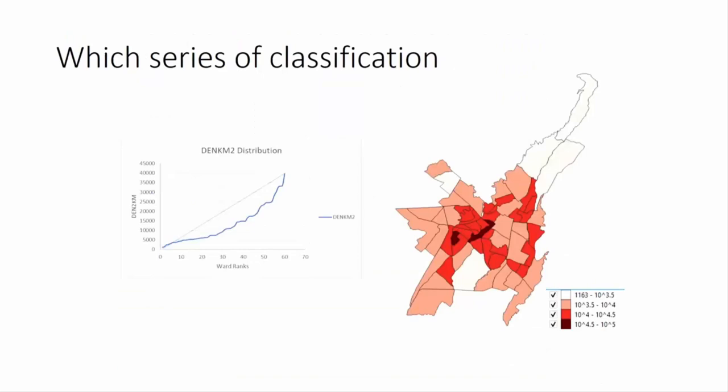This is just an example of population density per square kilometer, and as you can see, the geometrical progression gives you much better representations of the data sets compared to other classes. This is exploratory in nature, but if you have a very specific purpose, then you can pre-decide which particular classification scheme should be used.